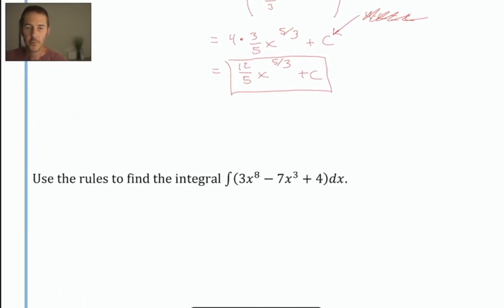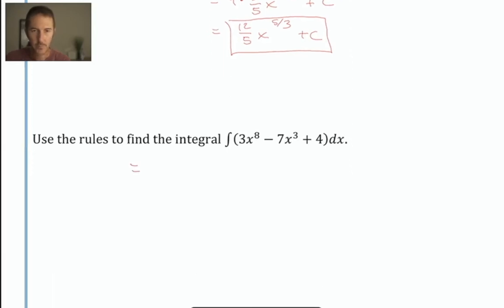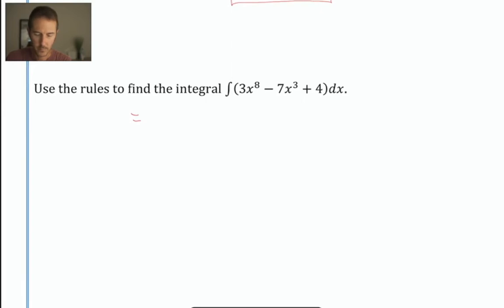This problem gives us the opportunity to do what we did in the previous example, except we also get to distribute this integral. So I'm going to write this as 3 times the integral of x to the 8, integrating with respect to x, minus 7 times the integral of x to the 3rd, integrating with respect to x, plus the integral of 4, integrating with respect to x.